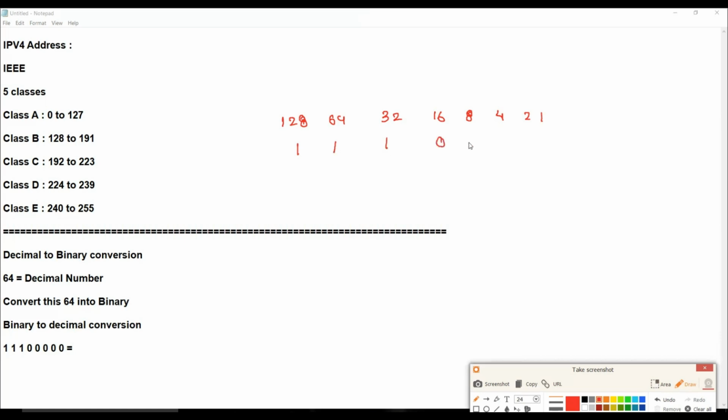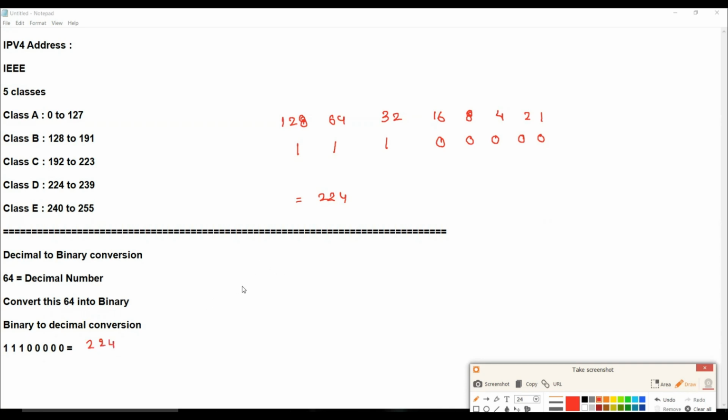We sum up the values whose bits are 1. So 128 plus 64 plus 32, when you add those three values, the answer is 224.